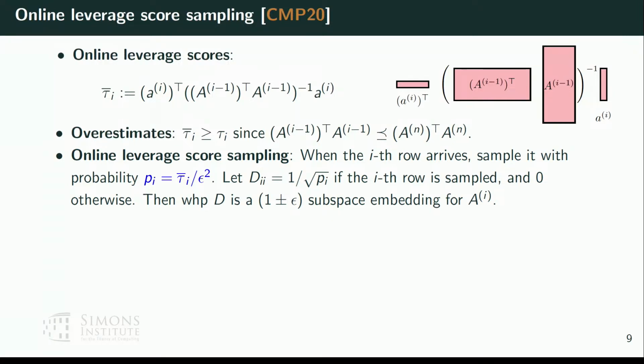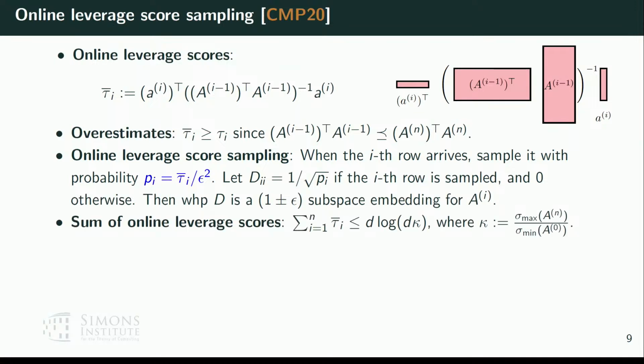Okay, but the problem with the overestimate is that the number of sampled rows is still the summation of all the sampling probabilities, so it's the summation of all these online leverage scores. But they are overestimates, so we'll still need some upper bound on the sum. This was shown by this previous paper, where they show that we just lose some log(d kappa) factor in order to bound the sum of all the online leverage scores.